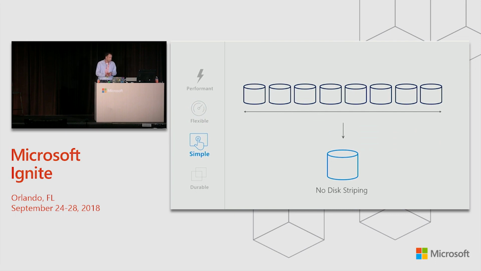A very important aspect of Ultra SSD is it had to be simple. Today, you have to stripe disks, which means you have to have a deployment template or a script that can deploy the VM with an array of disks, and then you have to go into the OS and stripe the disks. But the problem is you can encounter some very sinister types of debug efforts.